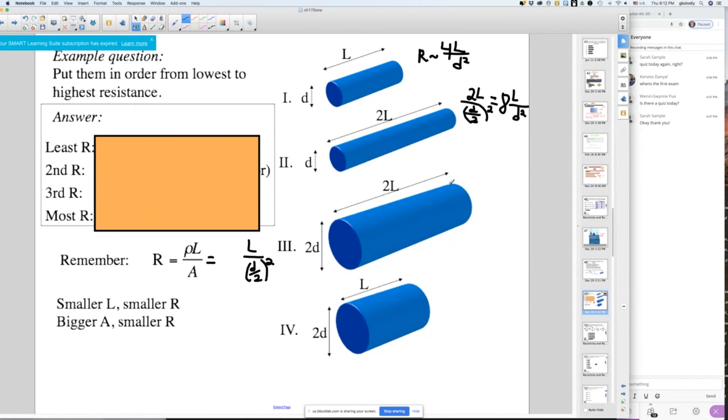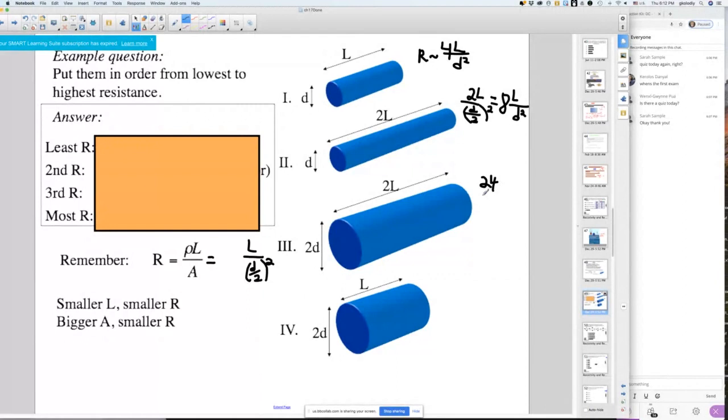Let's do the same thing here. So this one here is going to be 2L, just like it is over here. But now the area here is bigger. Don't forget, a bigger area means it's easier for current to get through. You can look at this as water flowing through a pipe. If it's a bigger pipe, it's easier for the water to get through. Same thing with current. That's why you have it in the denominator.